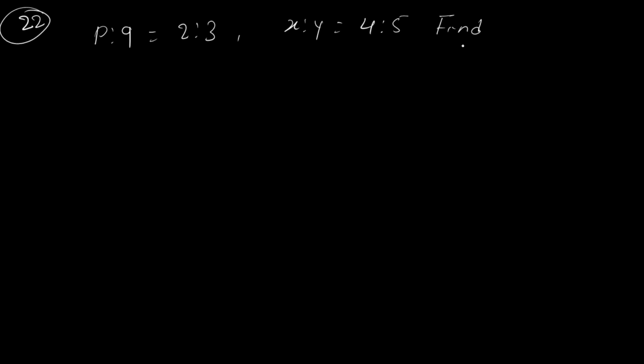So now we are doing question number 22. Beta, and this is damn easy. How? You have been given p is to q equal to 2 is to 3, and then they have given x is to y equal to 4 is to 5. These 2 ratios they have given, and then they are asking you to simplify.